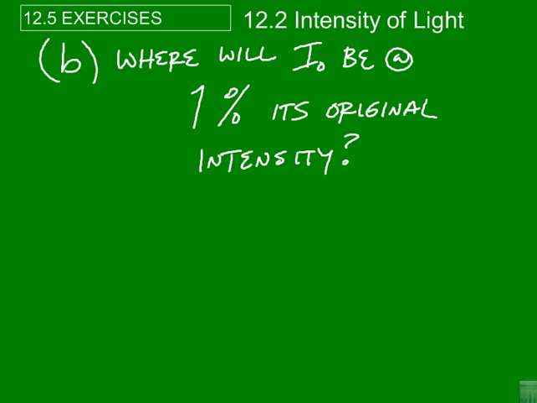Alright, so the second part then says we need to see at what depth the intensity will be at 1% of its original intensity. So we're going to lose 99% of the initial intensity and just be down to 0.01, or 1%, of the original intensity.